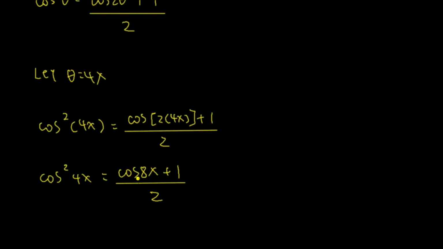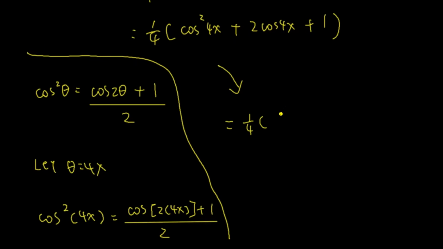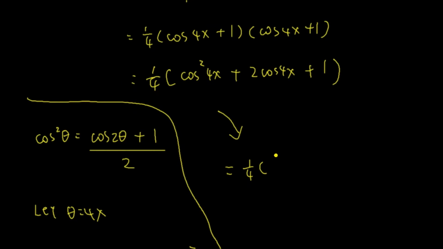So that is cosine squared 4x. So I will have to rewrite this as 1 over 4 times ((cosine 8x plus 1) over 2 plus 2 cosine 4x plus 1).